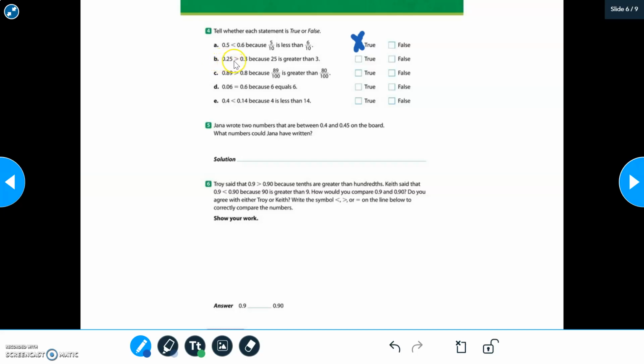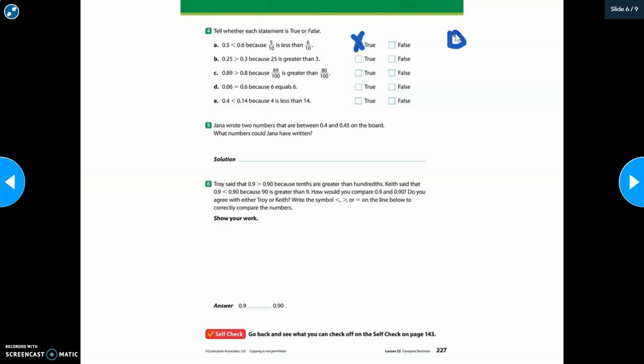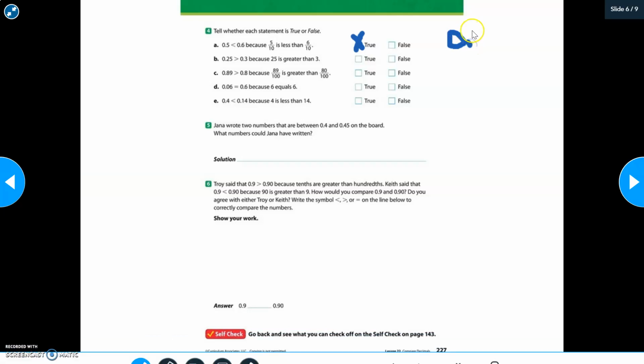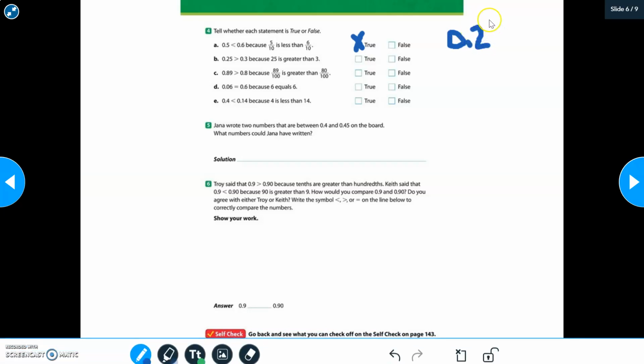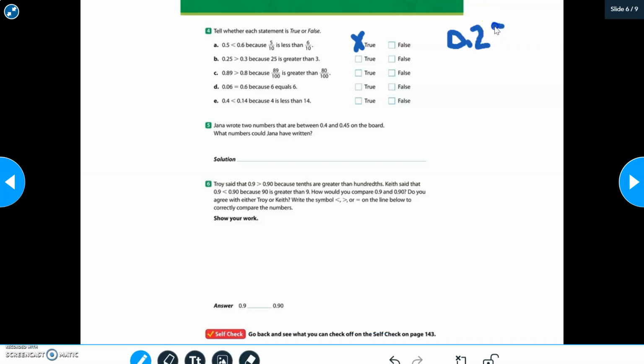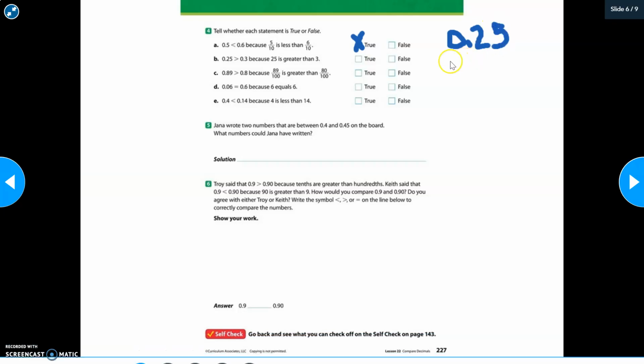B says 0.25 is greater than 0.3 because 25 is greater than 3. Okay, that is true. 25 is greater than 3. However, we're talking about decimals, so it doesn't really go that way. So let's go ahead and write those decimals on the side real quick. So this is going to be 0.25. And then this is going to be 0.3.